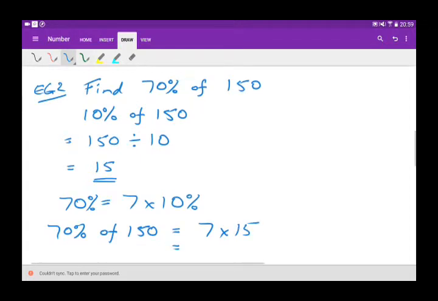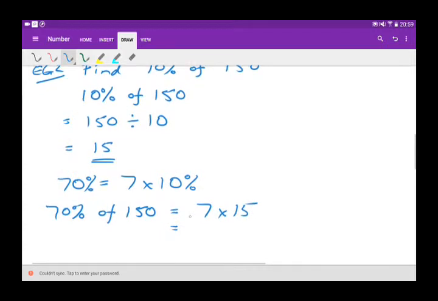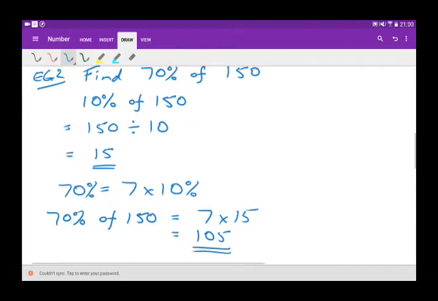Let's break this up: 7 times 10 is 70, 7 times 5 is 35, 70 and 35 is 105. And there we have 70%, another multiple of 10.